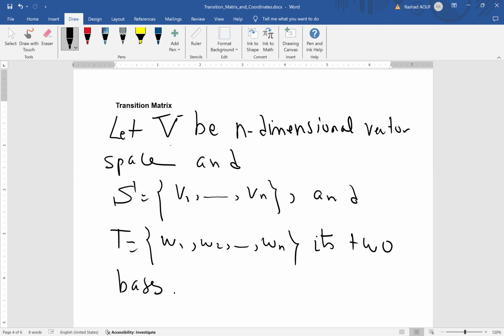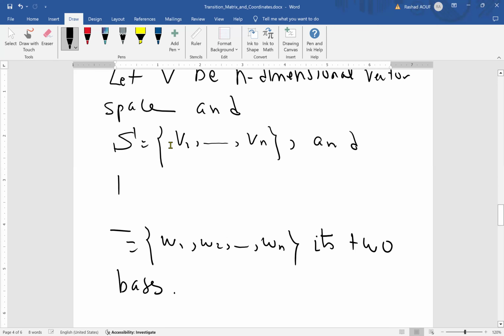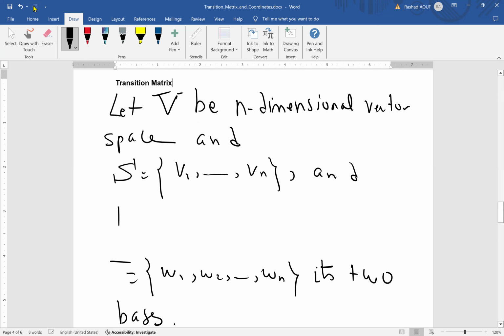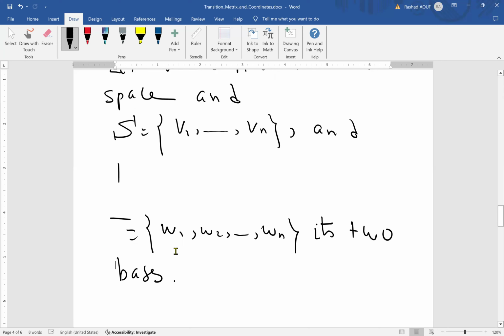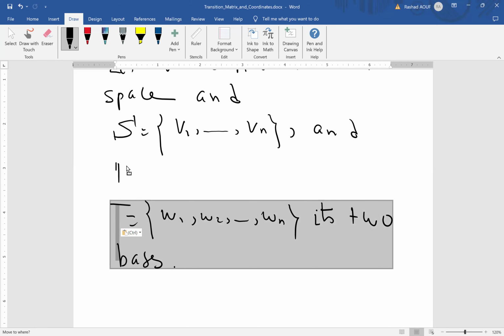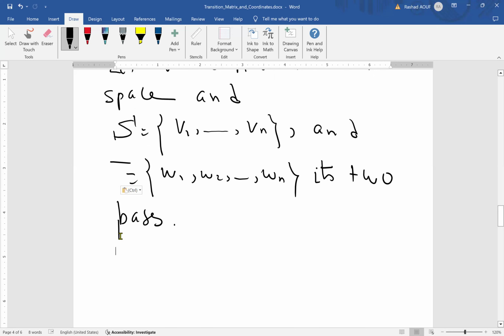If I have a vector u, I can write it as a linear combination with respect to S.